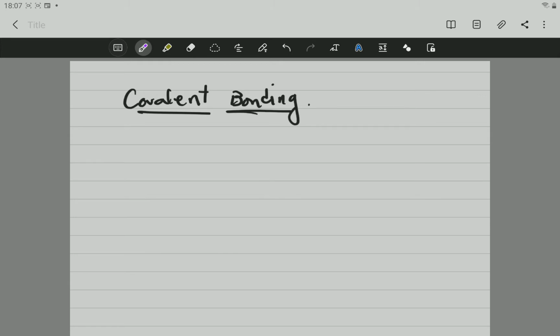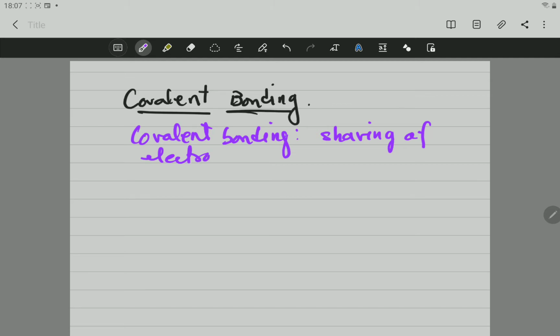Now, what is covalent bonding? Covalent bonding is the sharing of electrons between atoms to form a molecule.